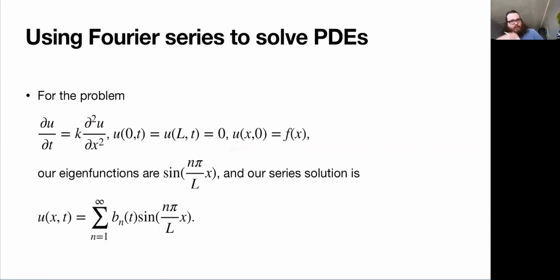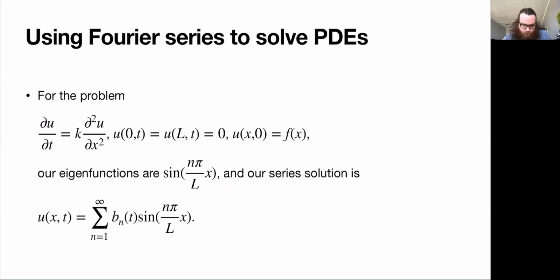Or you can think of this as, through separation of variables, what's the spatial piece that we get? We get sines. And so what we're interested in doing is a series expansion in terms of sines where we don't yet know what the time pieces are. So the question is, using the PDE, can we figure out what these b sub n are?